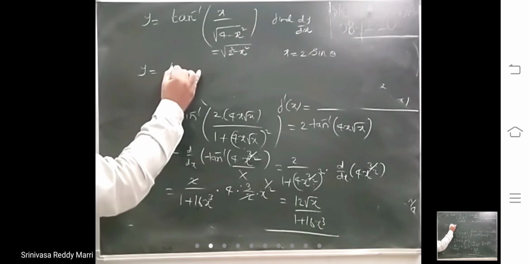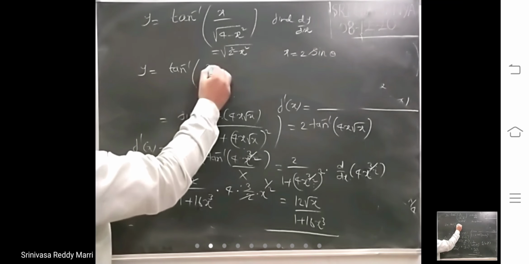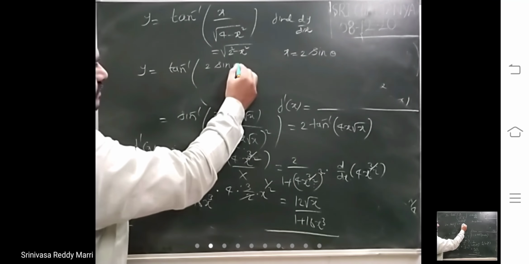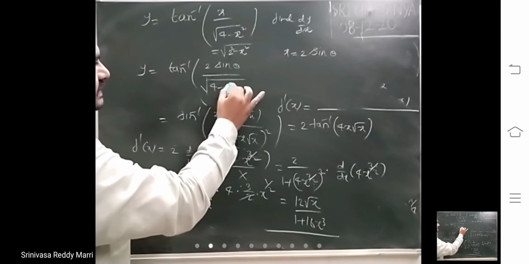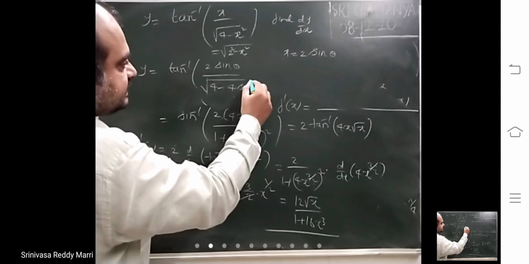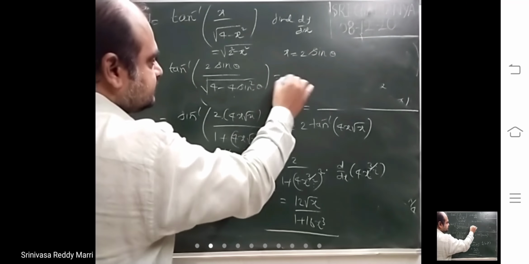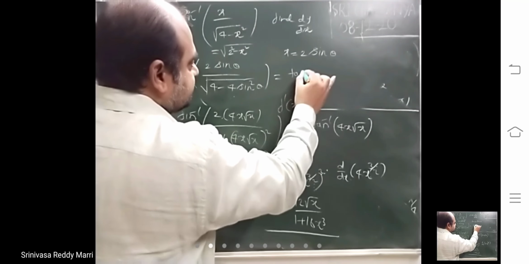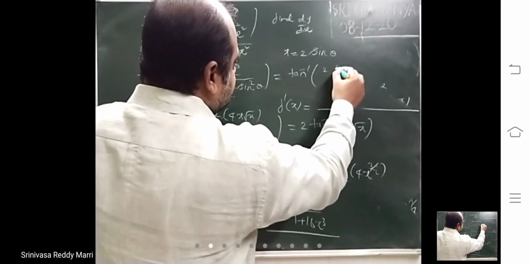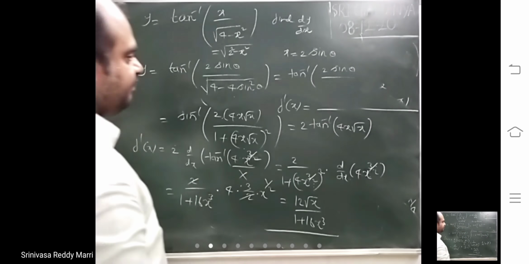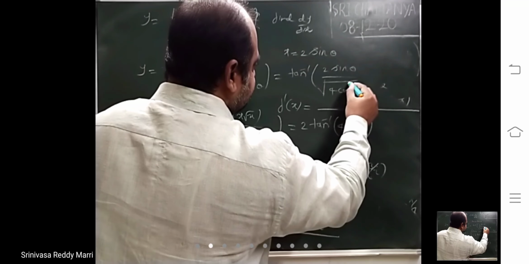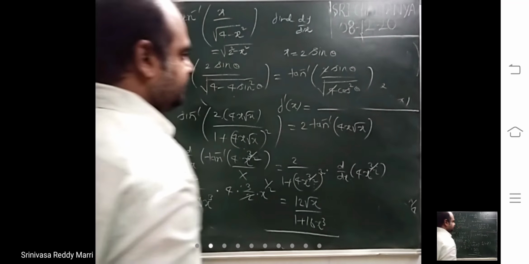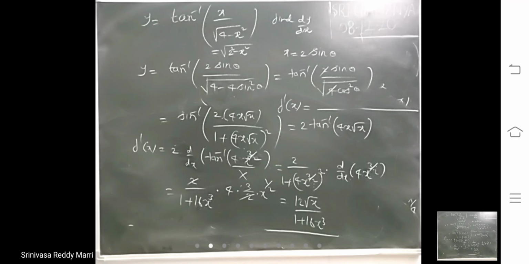So y equal to tan inverse of 2 sin theta divided by root of 4 minus 4 sin square theta. If you substitute like this, 2 sin theta divided by root of 4 cos square theta, so this 2 and the 2 will get cancelled.